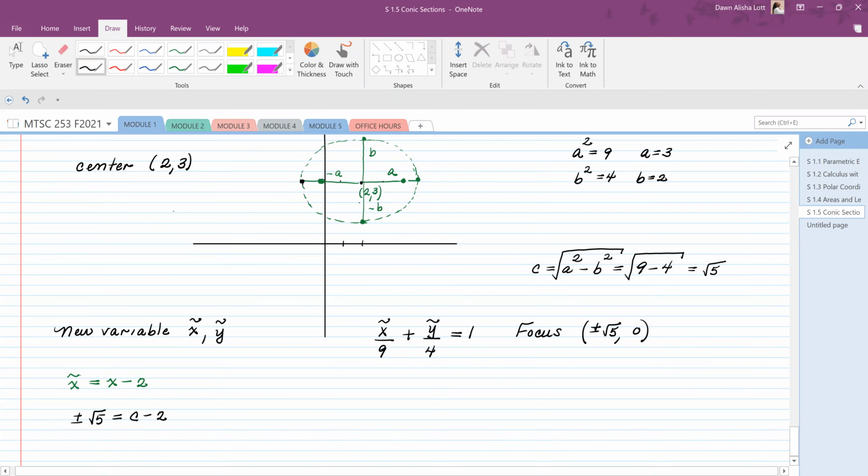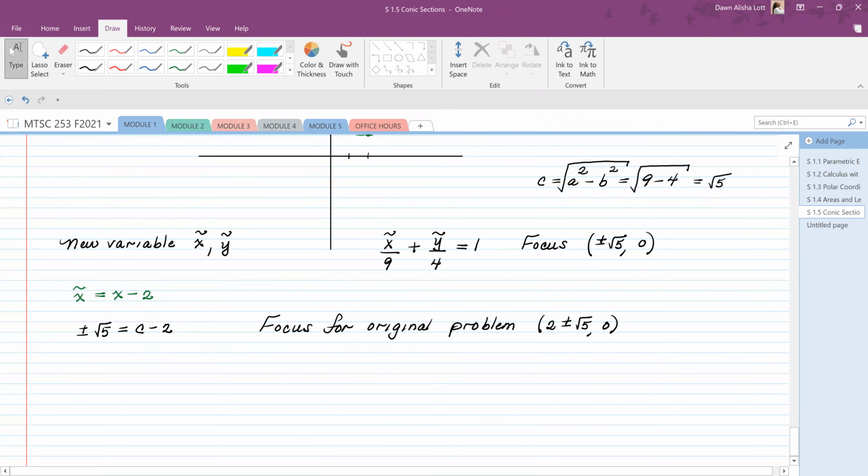So therefore the foci for the original problem is going to be 2 plus or minus the square root of 5, 0. So yes, as you can see, this focus is now 2, and we move it plus or minus the square root of 5. So that is correct.